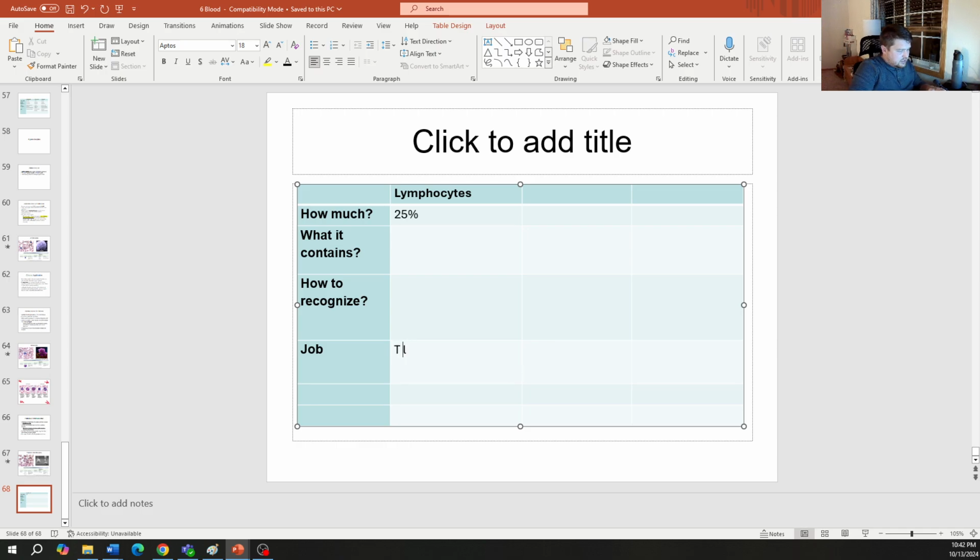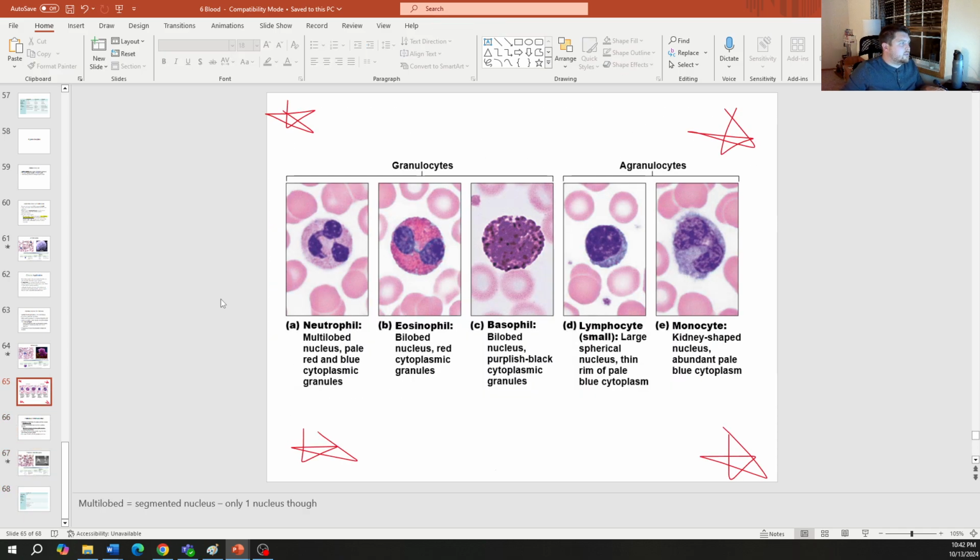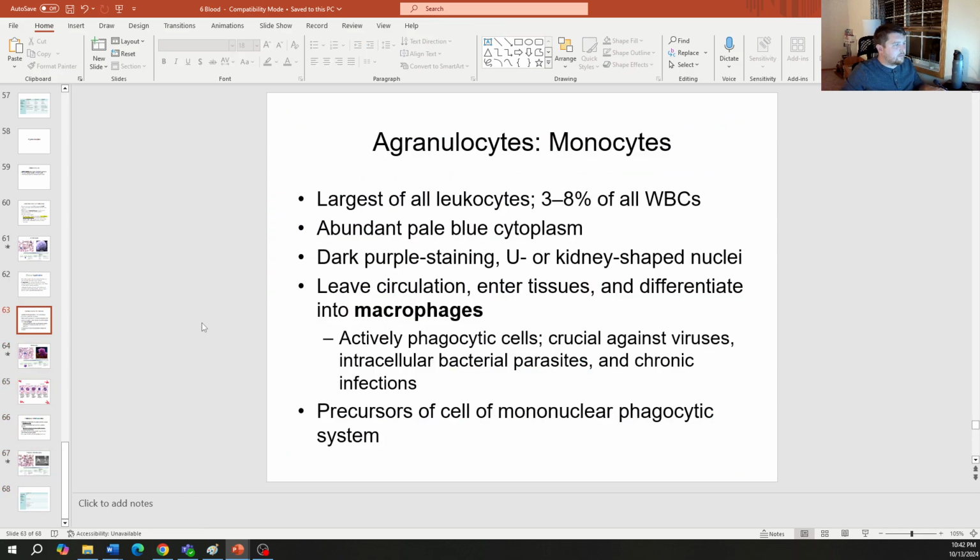T lymphocytes are virus and tumor. B lymphocytes are our antibodies. How to recognize: big nucleus. Right there. Started it out for you. You guys can finish it.